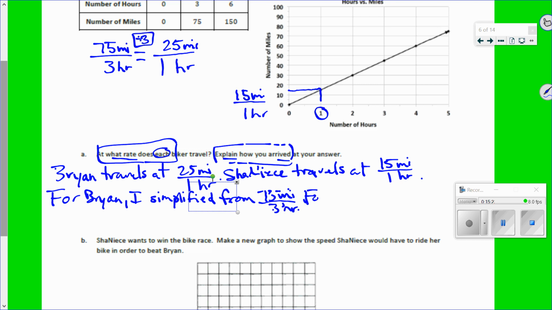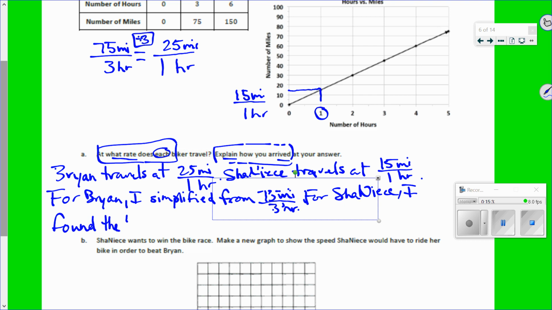For Shanice, I found the number of miles in 1 hour. So I apologize for some of the sloppiness in the writing where the board cuts out. That's miles.